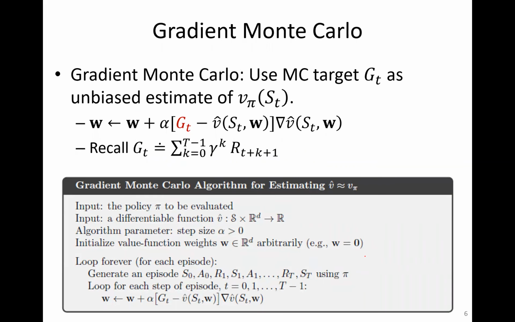For gradient Monte Carlo, you simply use the Monte Carlo target G, that's the return, as an unbiased estimate of the v pi.